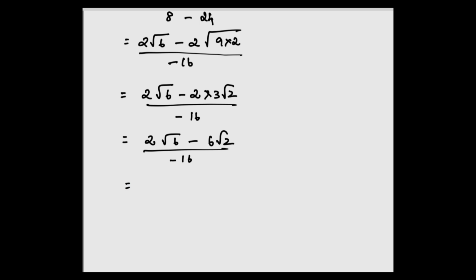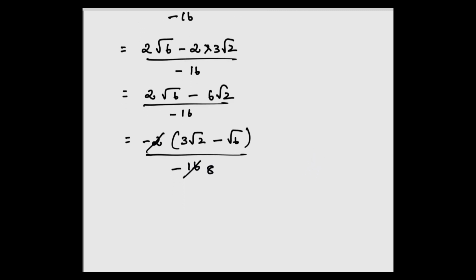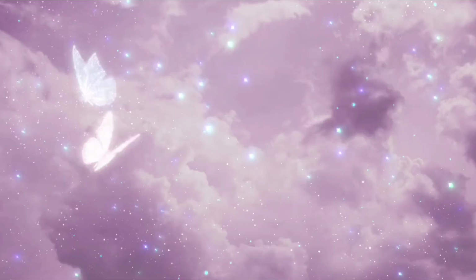Taking minus 2 as common, we get 3 root 2 minus root 6 divided by minus 16. Dividing numerator and denominator by 8, we get the answer as 3 root 2 minus root 6 by 8. Thank you.